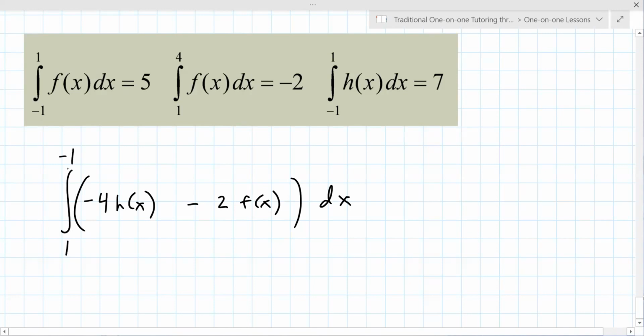You can either do it right away or do it later on. Okay, so just do -1 to 1.